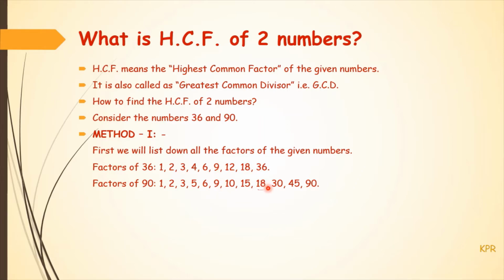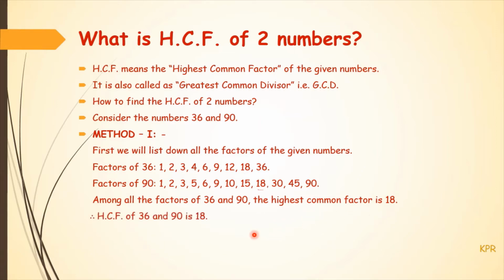These are the common factors in the numbers 36 and 90. From these common factors, the highest common factor is 18. Hence, the HCF, that is highest common factor of 36 and 90 is 18.